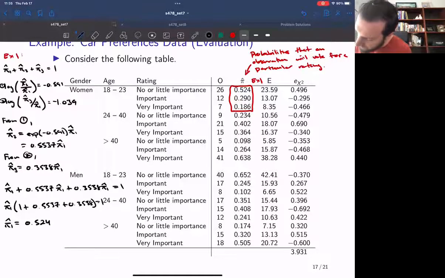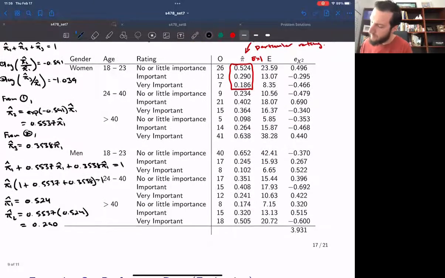Then we can do a similar thing for pi hat 2: we can just take this and plug it into equation 1. This is going to be 0.5537 times 0.524, which is 0.290.